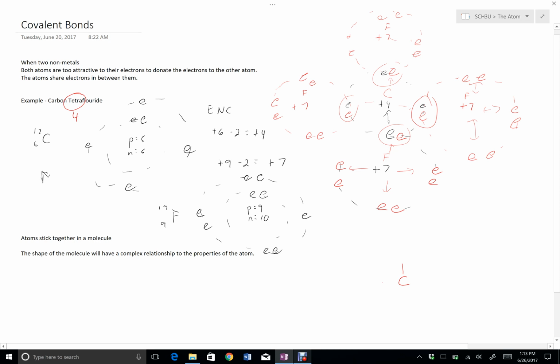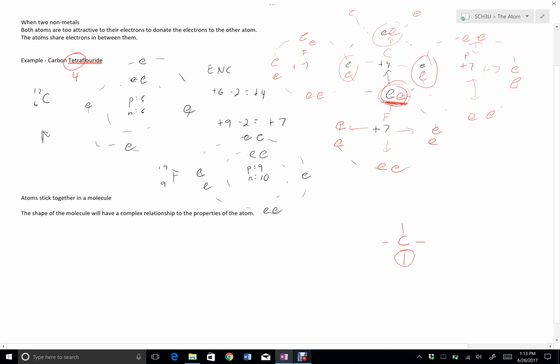We would put one stick. Each stick represents a pair of shared electrons. So this stick right here represents these 2 electrons. And then we would put fluorine at the end of each stick.